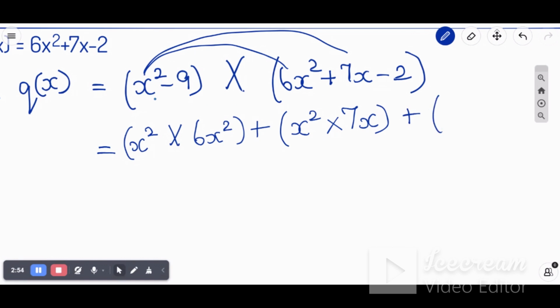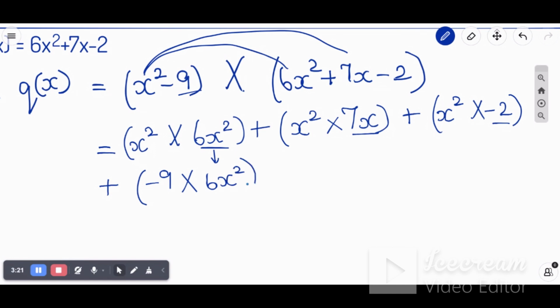Inside the bracket put all the signs. So x square with your third term in the second polynomial, that is x square into 7x and a minus 2. Now also put a positive symbol in between all the terms. Then start with the second term in the first polynomial, which is minus 9 into 6x square, which is the first term in the second polynomial.